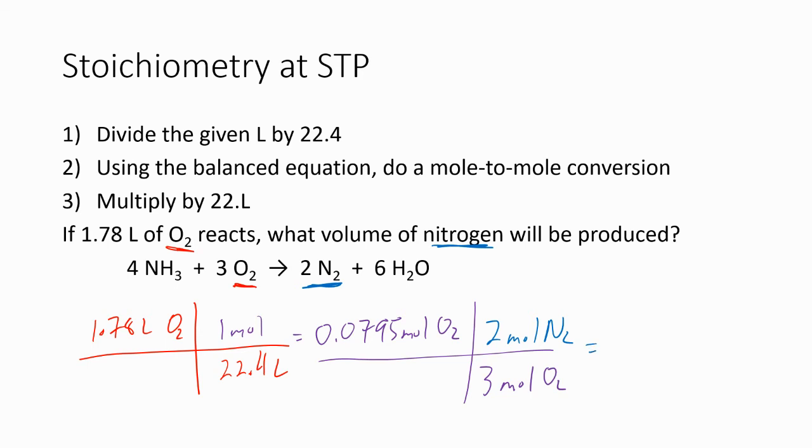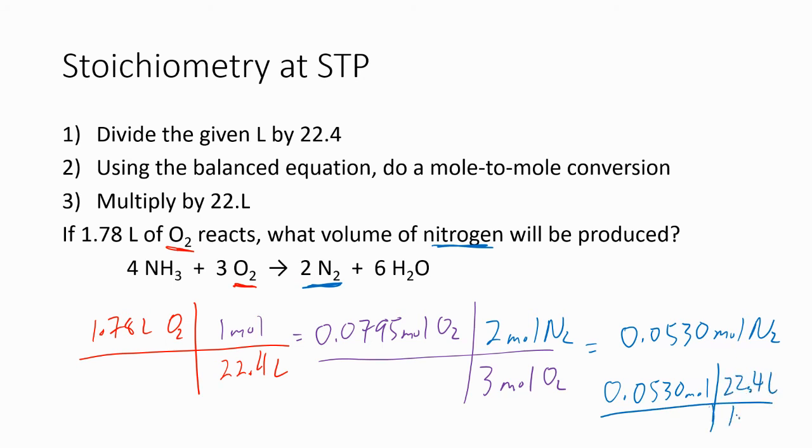So that times 2 divided by 3, 0.0530 moles of N2. And then to get to the liters, we're just going to multiply that by the 22.4 liters in 1 mole, which is 1.19.